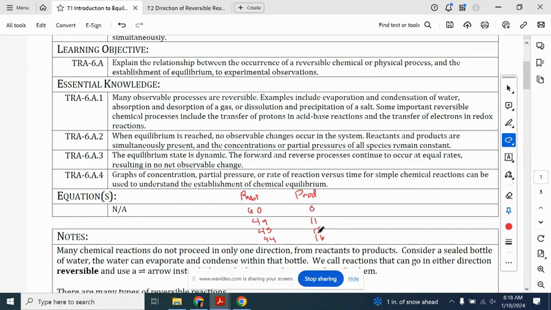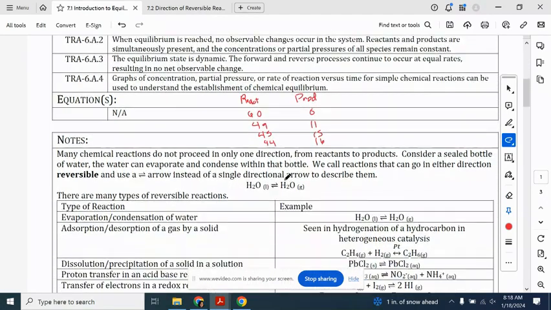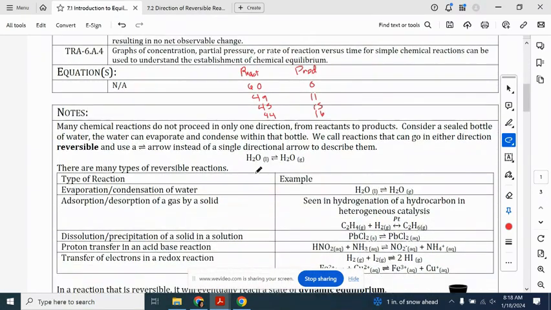Okay. And equilibrium is where you have a reversible reaction. So you've probably seen, when we talked about weak acids earlier this year, we always use these back and forth arrows.